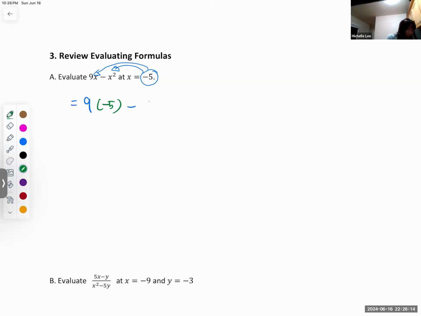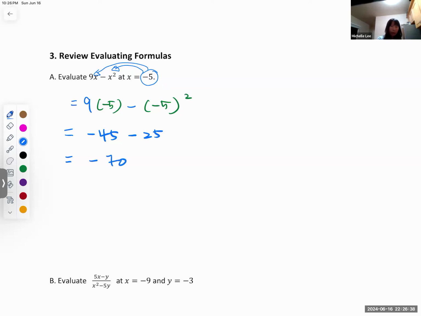So negative 5 squared. So that will be negative 5 times 9, which is negative 45, minus 25, because negative 5 squared is positive 25, right? So that will be negative 70, right?